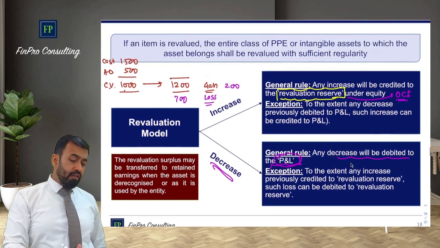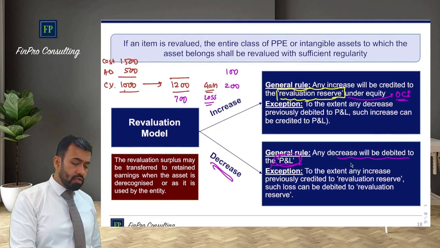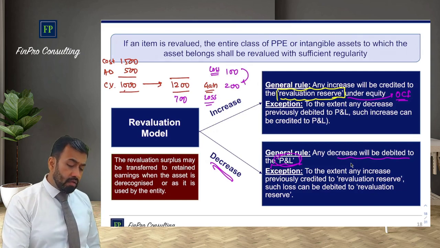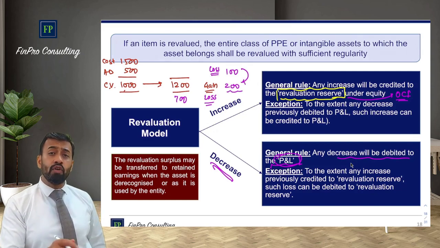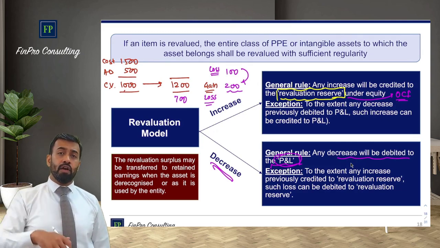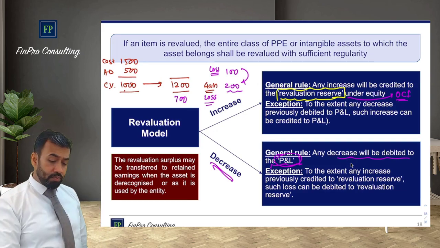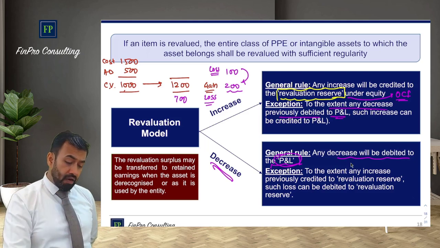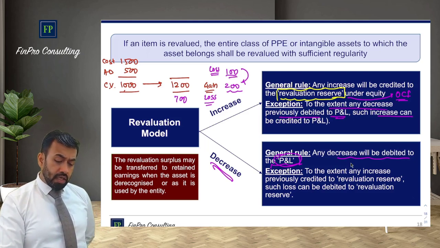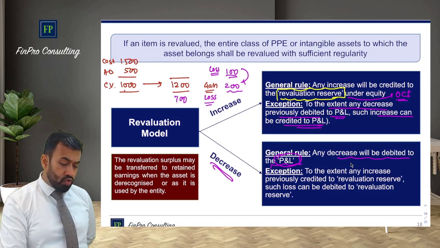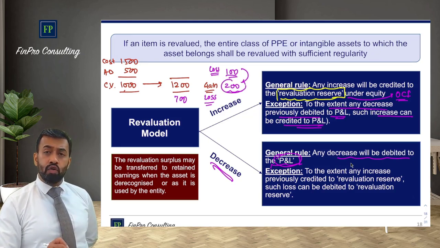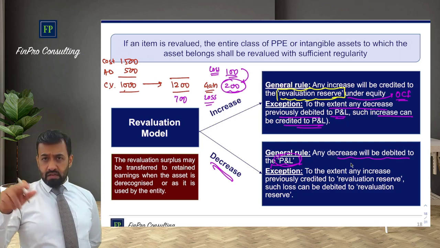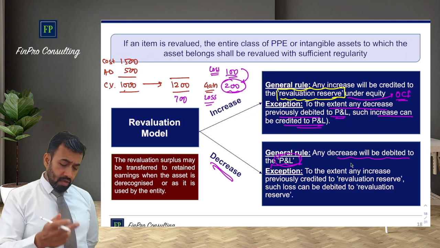So let's say previous year you have 100 as a loss, this year you have gain of 200, then 100 will be credited to P&L and balance 100 will be credited to revaluation reserve. So this is an exception. To the extent of any decrease previously debited to P&L, which is 100, such increase can be credited to P&L. So out of this 200 gain, 100 can be credited to P&L. Balance 100 will be credited to OCI. That is revaluation reserve. Okay.